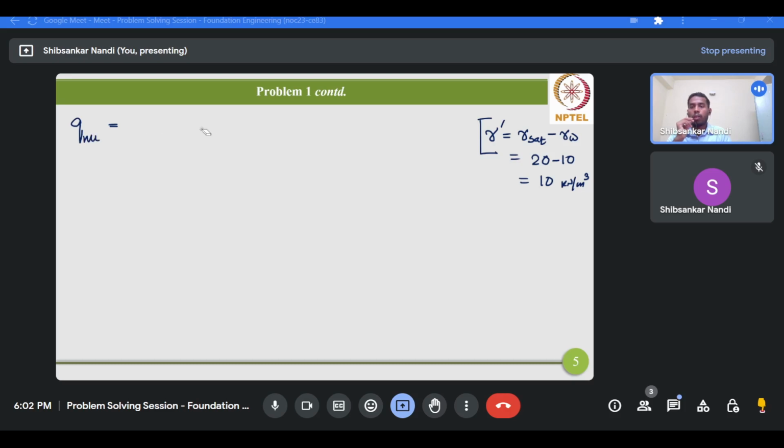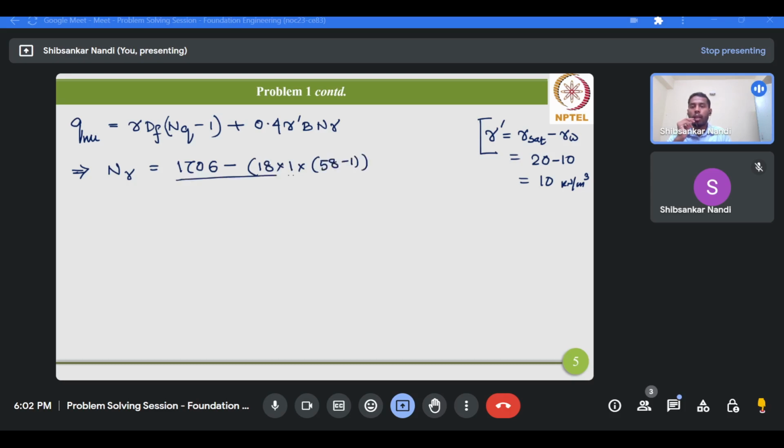So therefore this will become gamma Df Nq minus 1 plus 0.4 gamma prime B N gamma. Now please calculate N gamma. N gamma will be 1706 minus gamma Df (Nq minus 1), where gamma is 18, Df is 1, Nq is 58, divided by 0.4 gamma prime 10, B 2.5, and N gamma we are calculating.